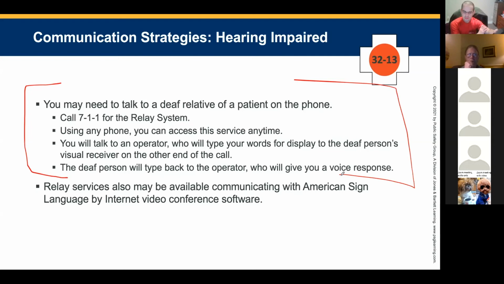On the other side of that, if somebody is calling you, they would call 711 with their device, and then we would read what they're saying to you. And sometimes the person can speak but can't hear, or sometimes the person can hear but can't speak. So all the variants we can process through here.